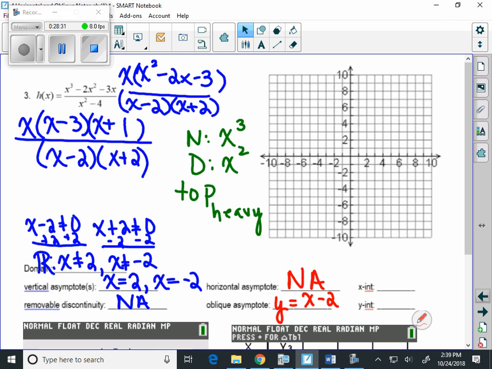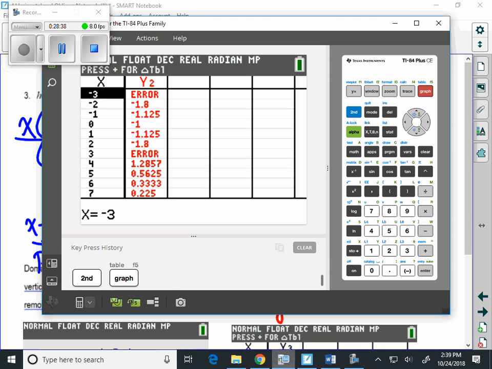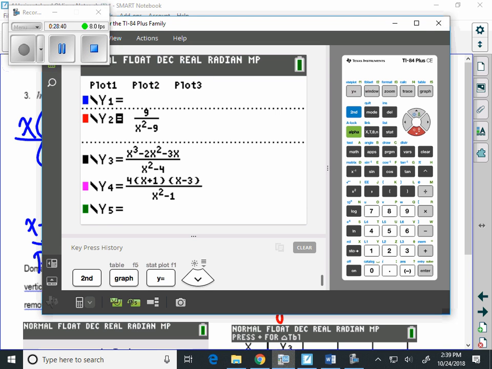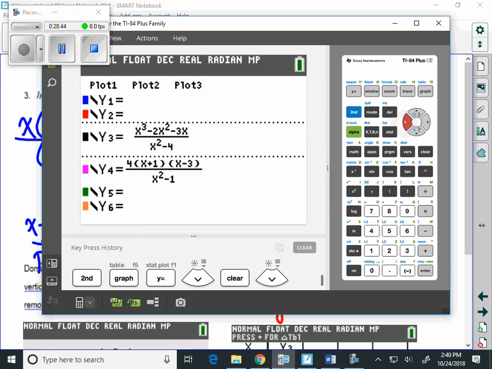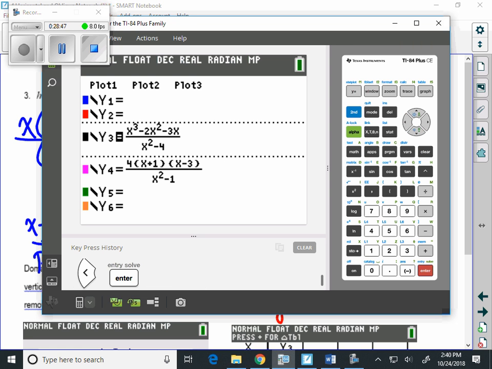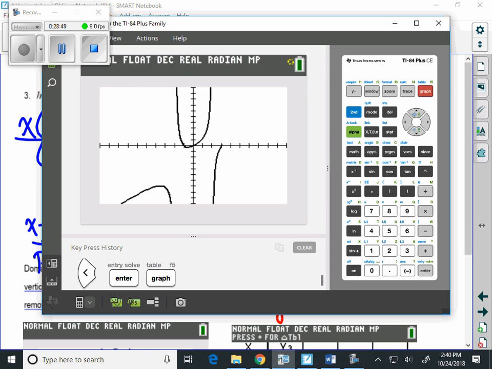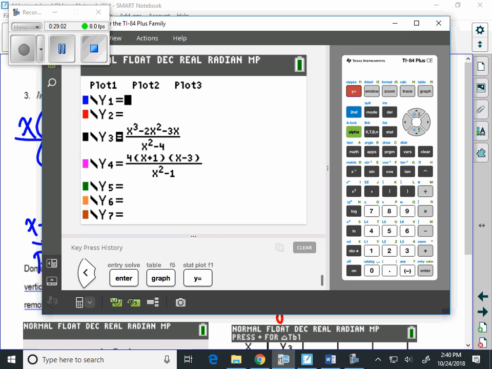And there's something interesting that you can see when you look at this on the graph. So I'm going to come back over here to the y equals. I'll get rid of our second function, and let's look at our third function here. And we graph it. So it's kind of a wacky picture there. But what we just came up with is our slant asymptote.